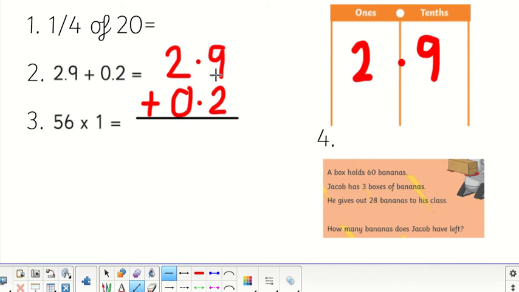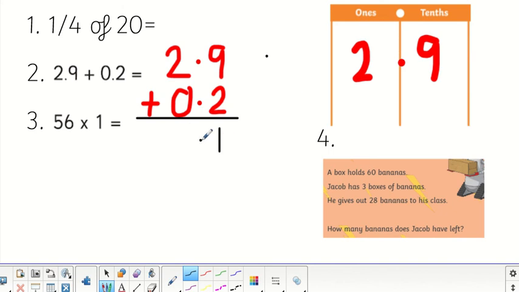So we already know that we need to exchange into this column because there's already 9 here and I'm going to add something to it. So 9 add 2. I'm going to use my head and my fingers to help me with this. 9, 10, 11. So we have 1/10 because that is this side of the decimal point.